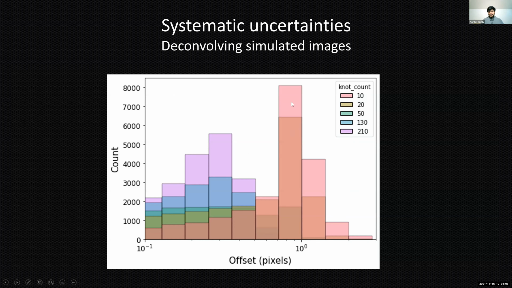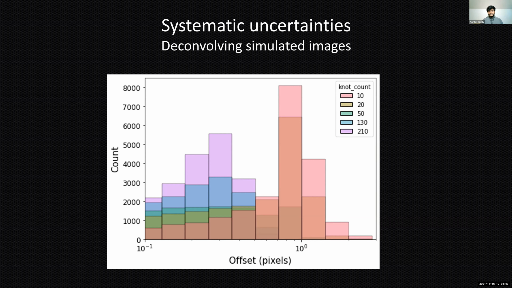It appears that at a few counts, like 10 to 20, the offset can reach up to a pixel, but at higher counts, the offset appears to be around 0.2 to 0.3 pixels. For a half ACIS-S pixel, this is around 0.08 arc seconds. So in my study, I'm requiring each offset to be at least 1 sigma above 0.15 arc seconds to consider it a significant offset.